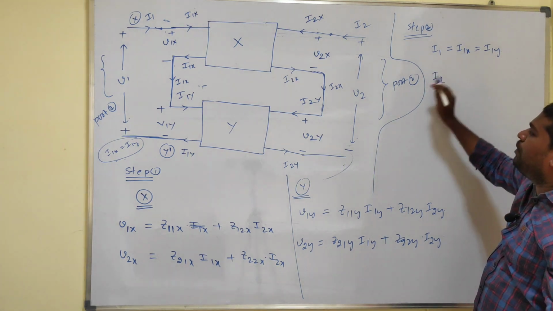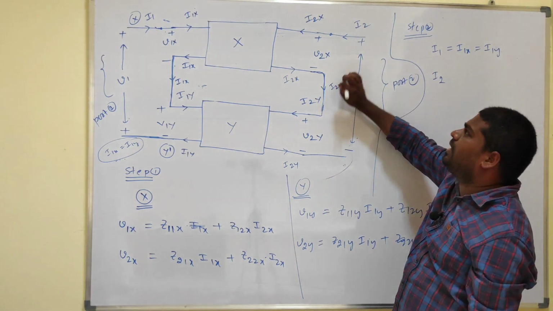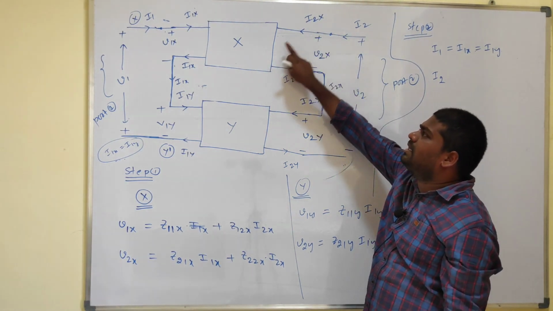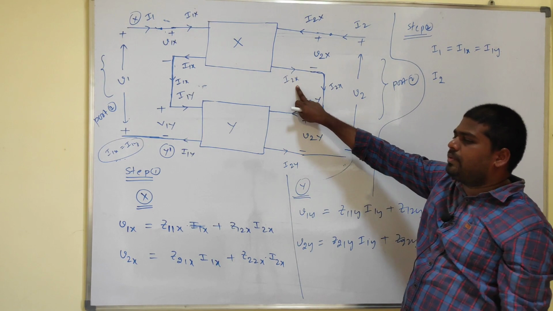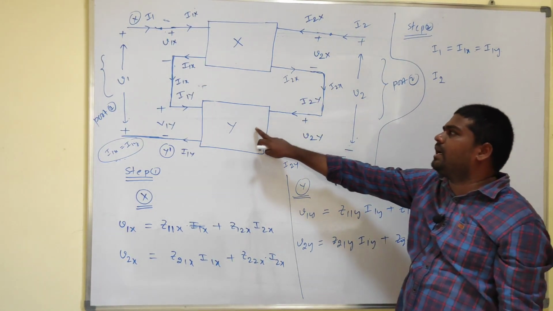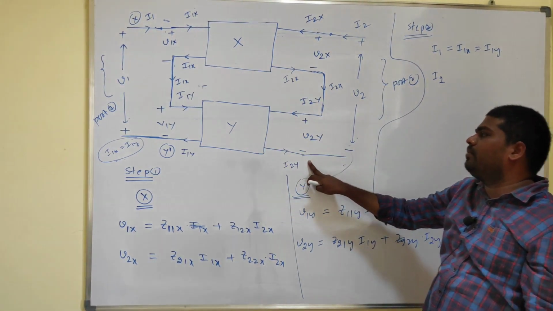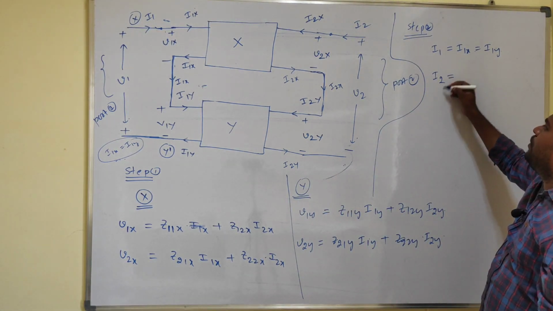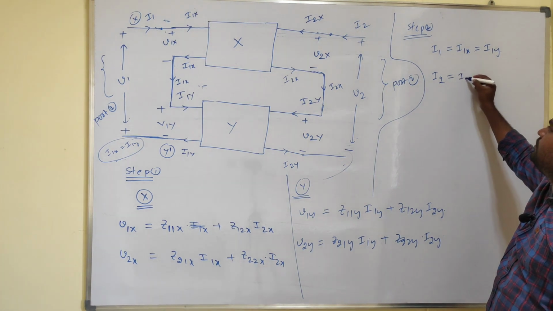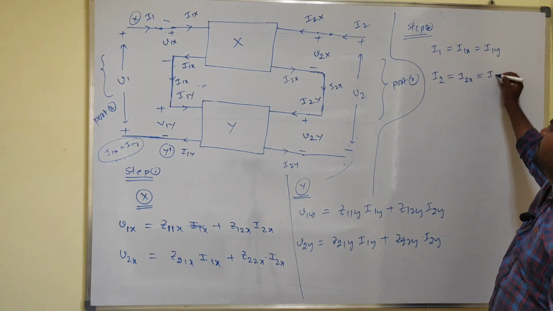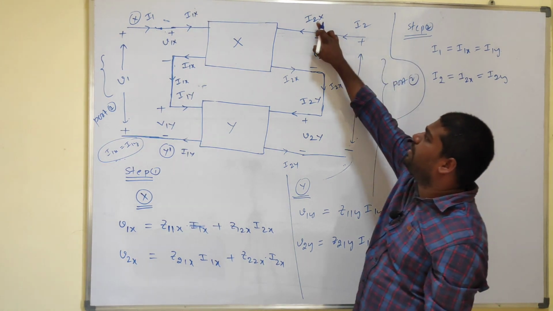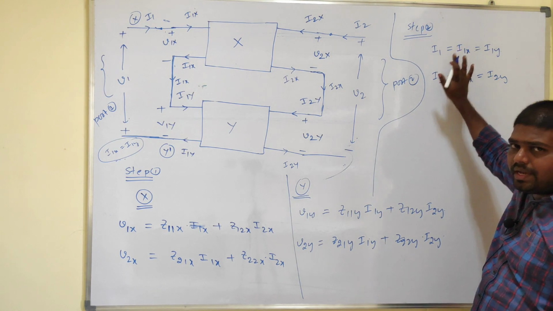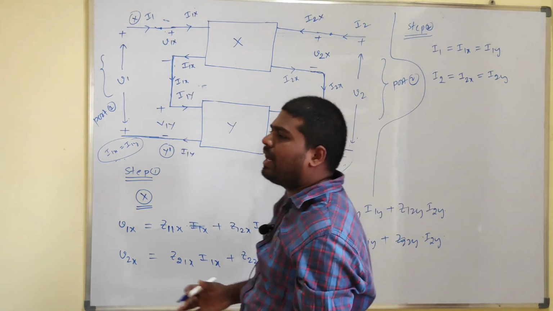Same way, from port 2, the entering current I2 is the same current flowing through the X network, I2x, the same current leaving the X two-port network, and the same current entering the Y network, I2y, and leaving this terminal, I2y. So from port 2 we can conclude that I2 equals I2x equals I2y. These are the observations, only currents, from port 1 and port 2.